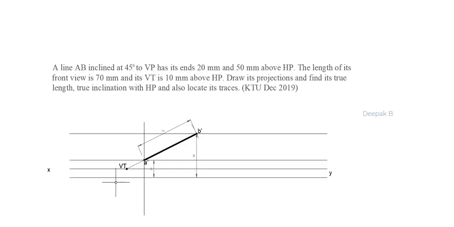So let's just draw a line at an angle of 45 degree with respect to A dash B dash from VT.